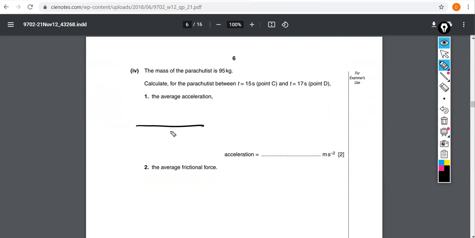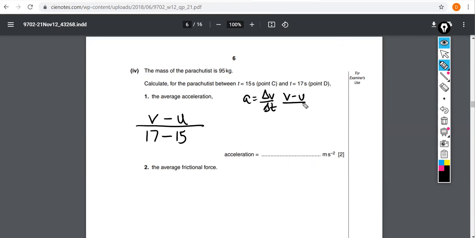There's a certain velocity at 15 seconds, which is the initial velocity, and a certain velocity at 17 seconds: v minus u over t2 minus t1. Acceleration is the change in velocity over the change in time.